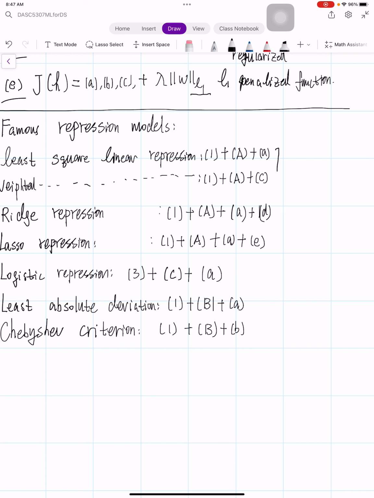For the first three, we have the quadratic cost, which we can minimize with a closed form solution, which means we can solve for the best parameters by using calculus.